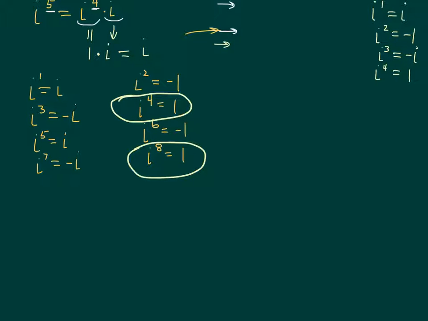When we have an exponent that's only divisible by 2 and not divisible by 4, we get a negative 1. Also, all of our odd exponents always have an i in them.